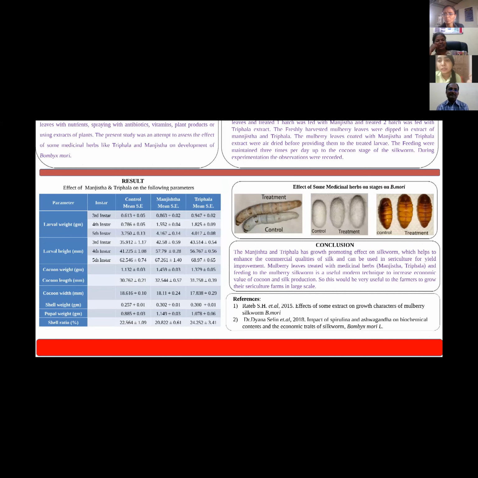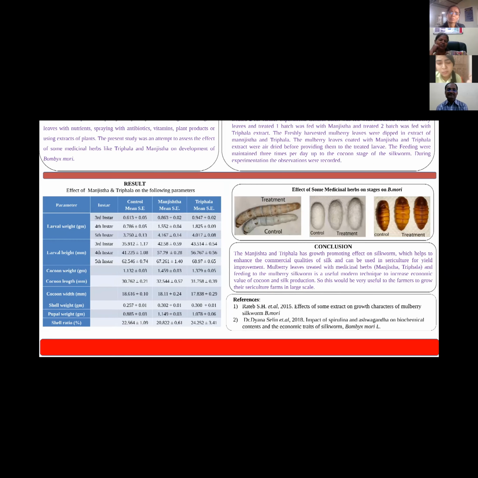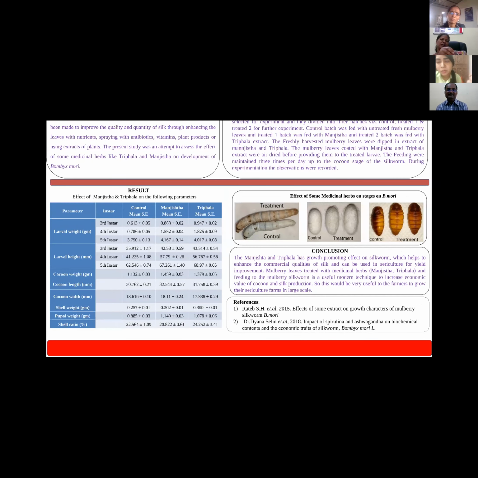And how much quantity did you use on that leaf? Whether you measured it, or just put some amount of Triphala? Yes, ma'am, we calculated.